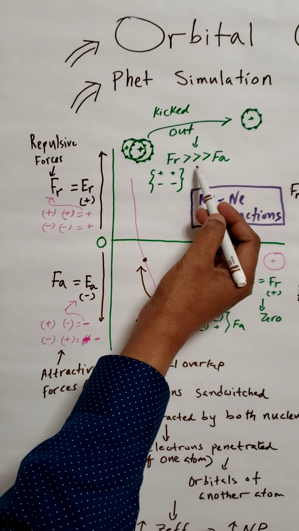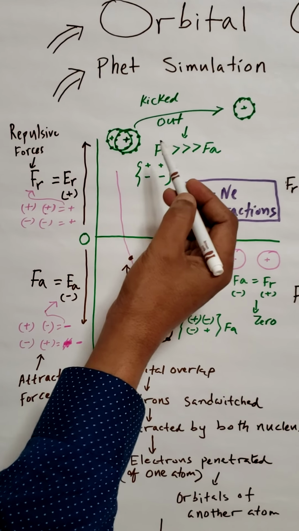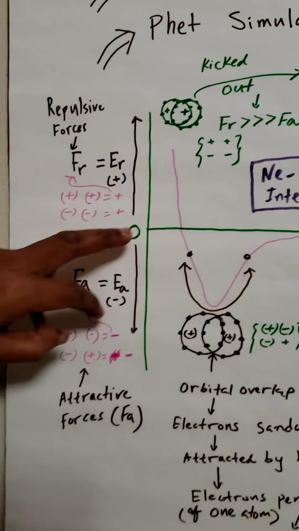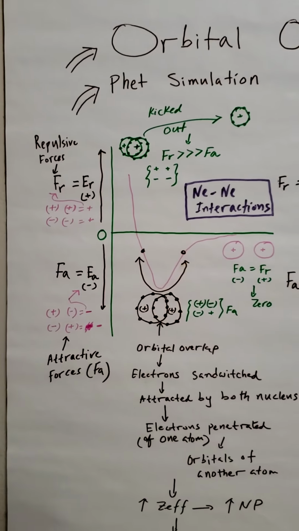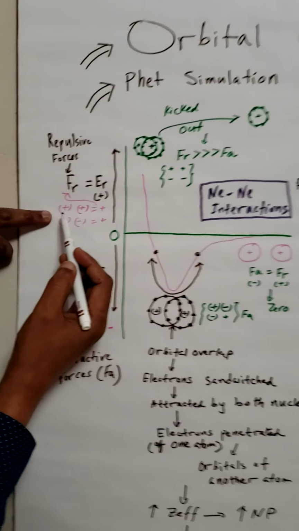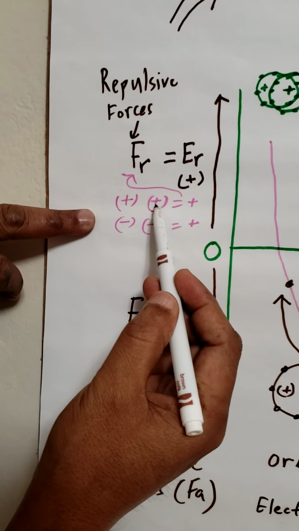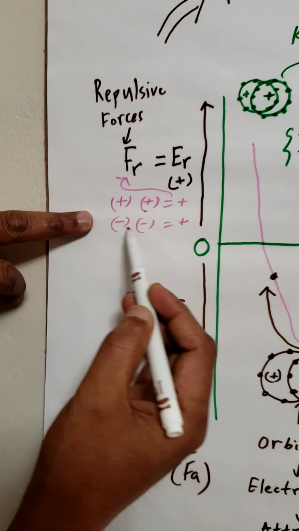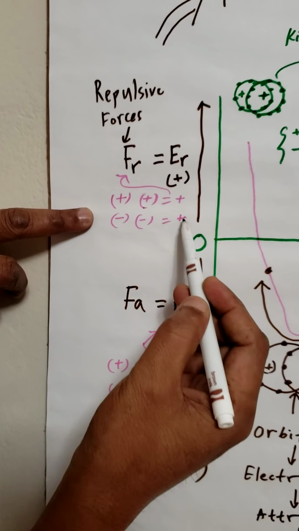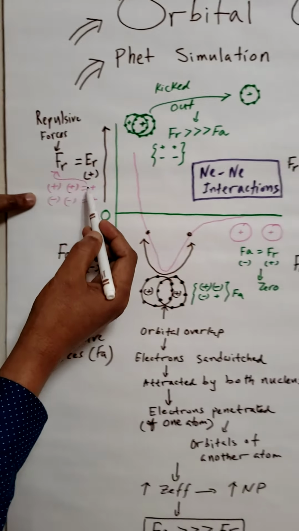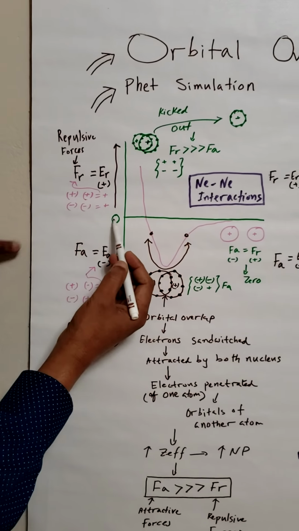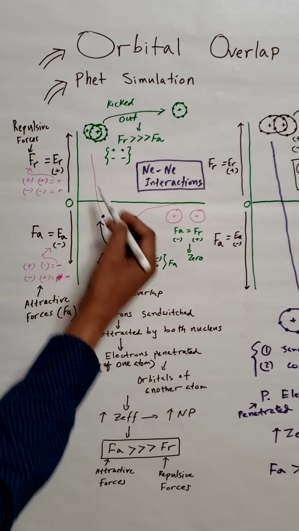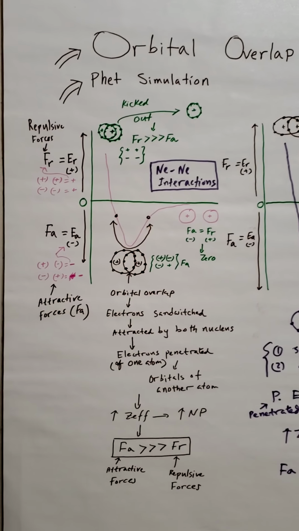Collectively this gives you much more repulsive force than attractive force, right? Repulsive forces are positive because you have nucleus repulsion and electron repulsion. Minus and plus give you positive. So that's why you got a very sharp rise when the atoms are very close to each other.